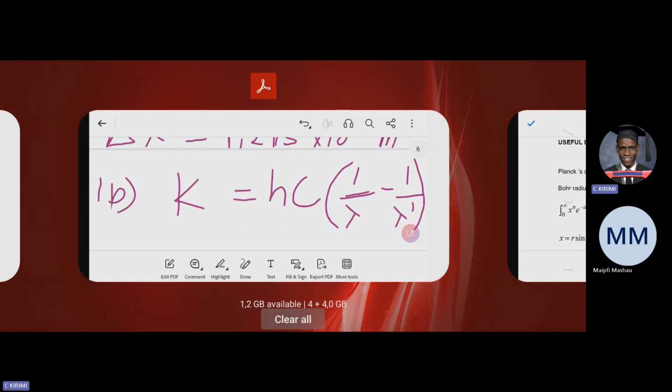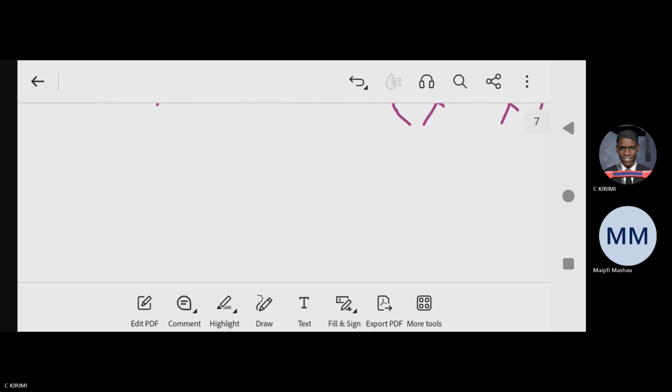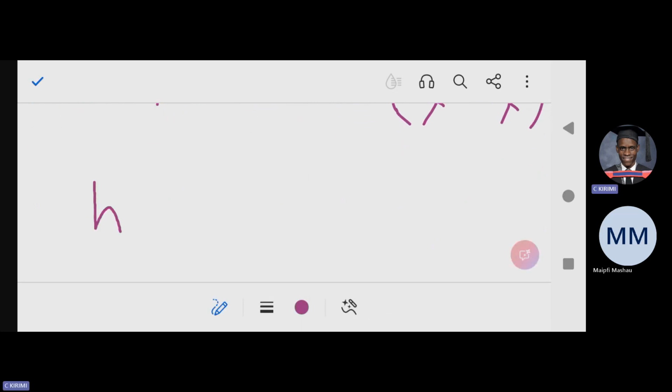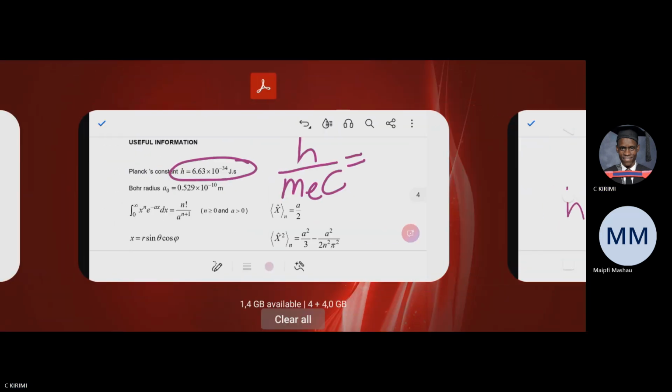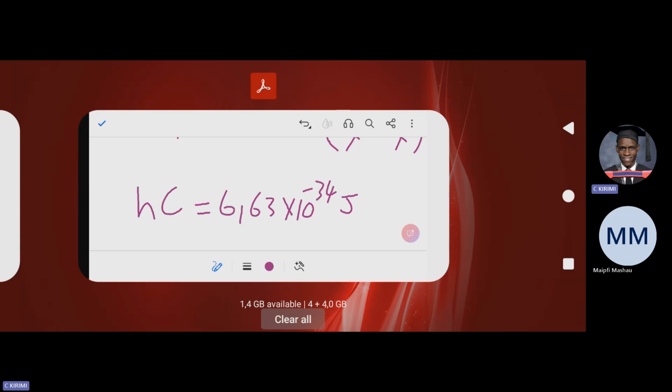So you do it like this. We are looking for hc. hc equals 6.63 times 10 to the power of negative 34. These are joules, remember the unit: joules multiplied by the second.